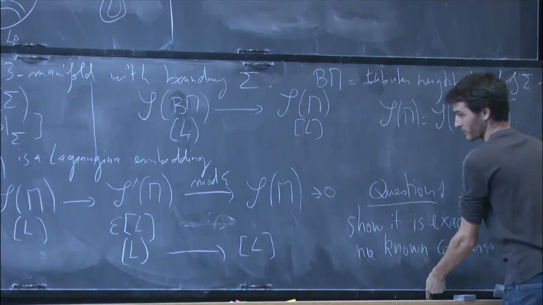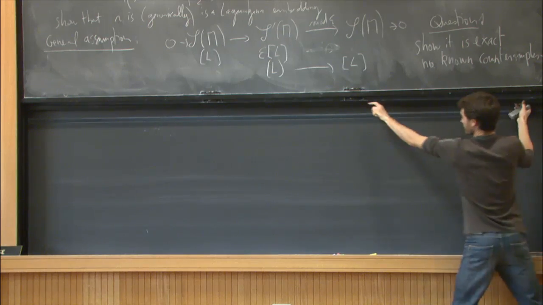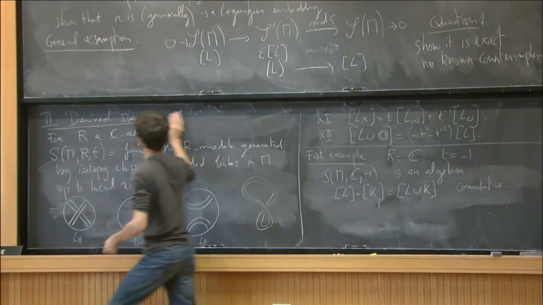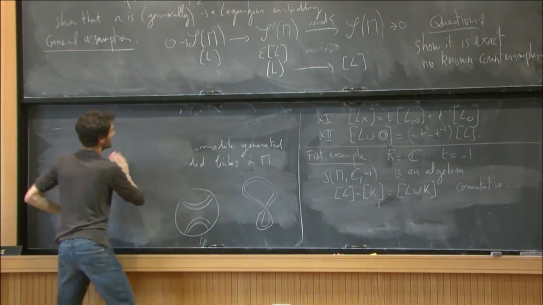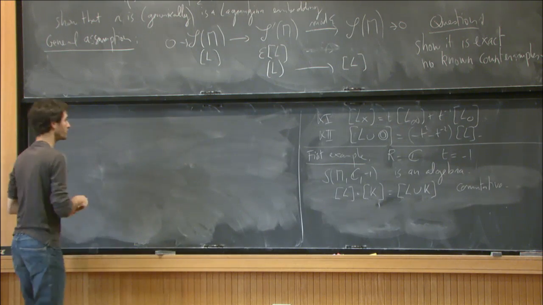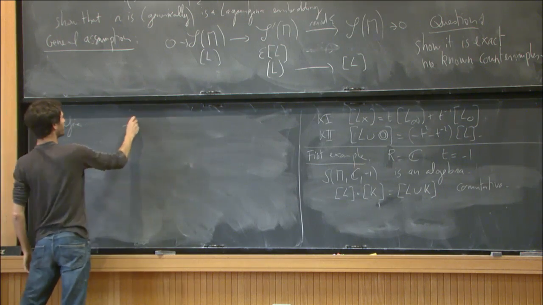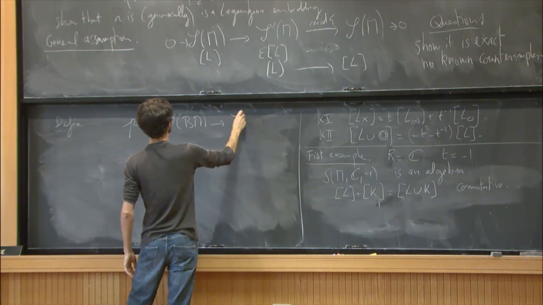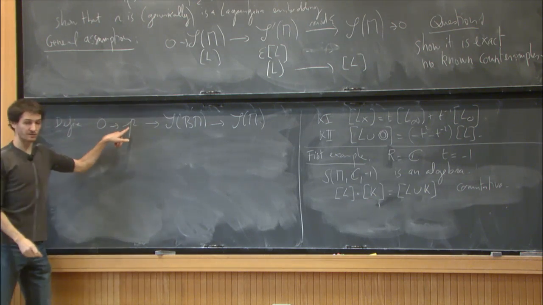Okay, so let me make a commutative diagram. So I define P to be the kernel of the map here from the boundary of M to S of M. So this is by definition the kernel of this map.